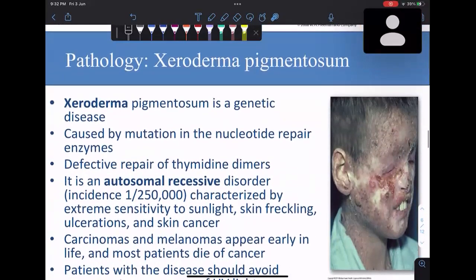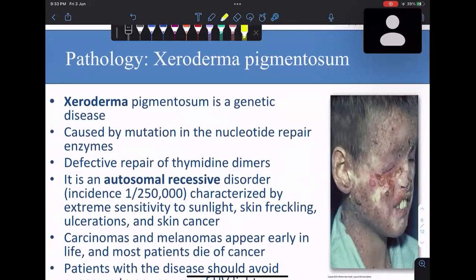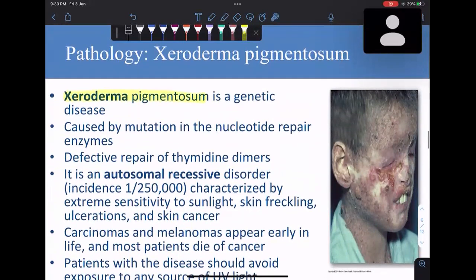And as a result, you have this pathology called xeroderma pigmentosum. Xeroderma pigmentosum is basically a genetic disease. And by the way, guys, this is very, very rare, but somehow it has a significant relevance to biochemistry. This has been a favorite topic of questions ever since my batch, the 11th batch.